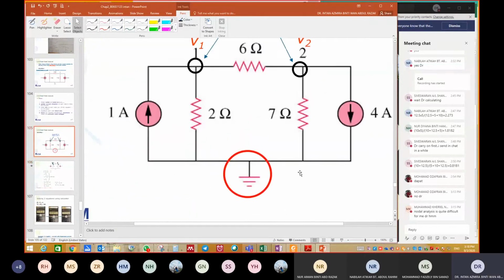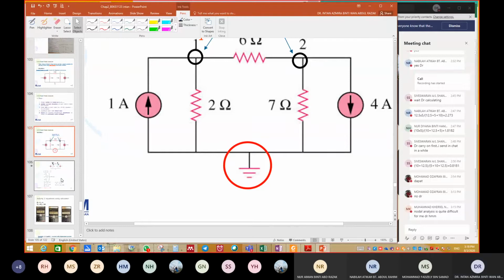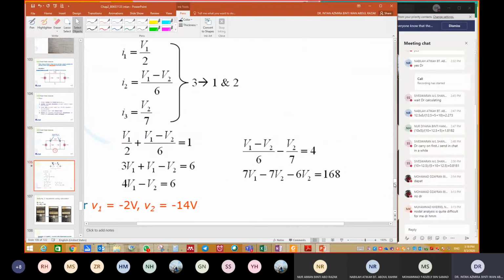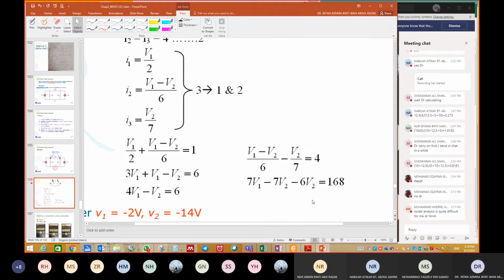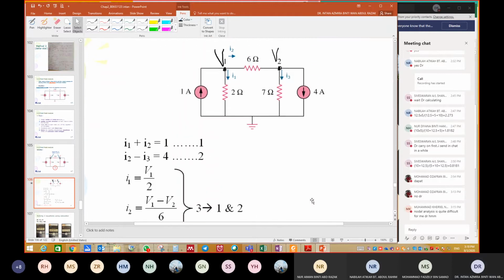Let's assign the current. It is up to you how to assign the direction of current. So this one is 1 amp, and of course the current enters the node.